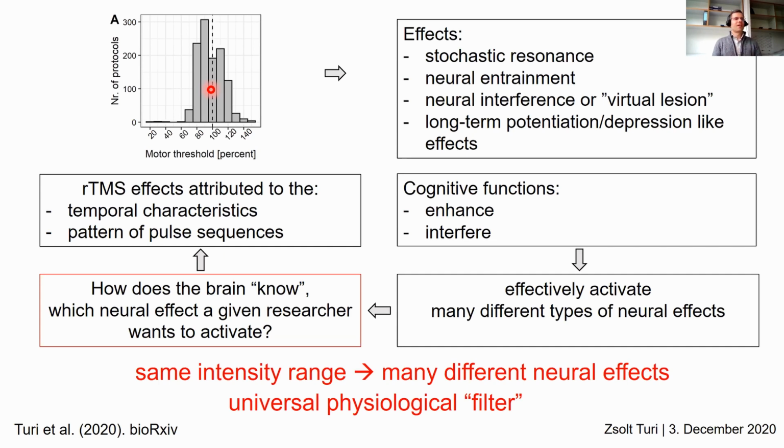I think that measuring the motor threshold is very useful for many cases, but obviously this has some limitations which can maybe be overcome by using other approaches to select the stimulation intensity.